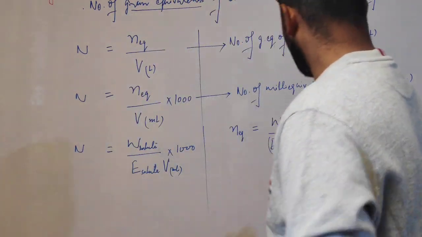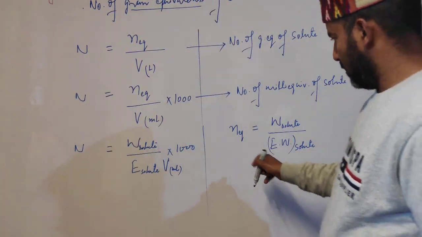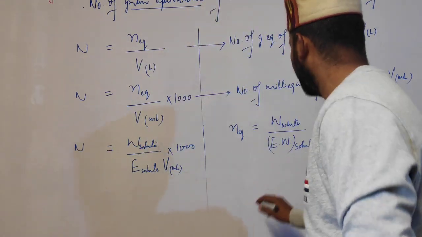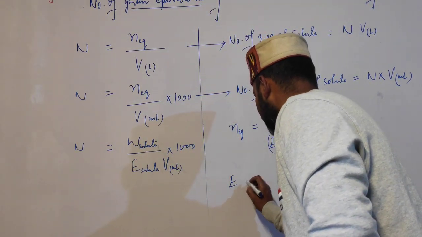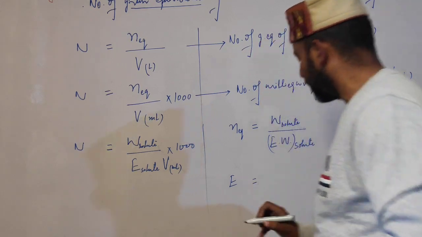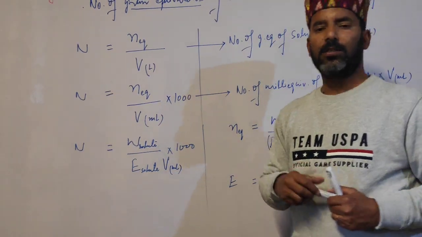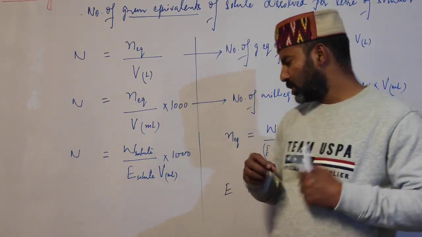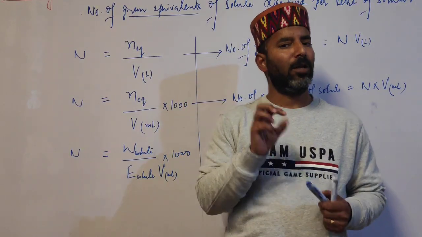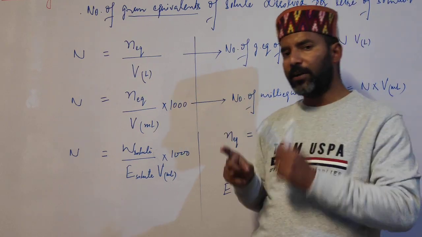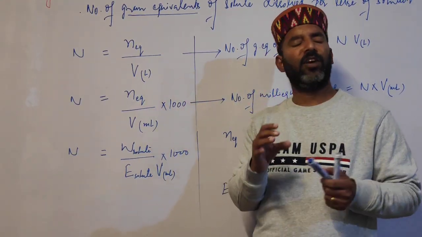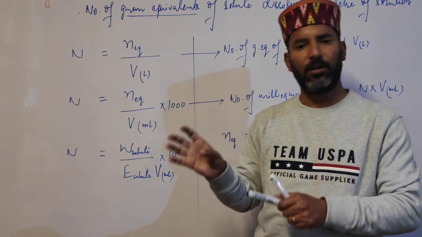Now students, the most important thing while calculating normality will be this part, that is equivalent weight. Students, what equivalent weight is, you have also studied in class 11. It is that weight of a substance which displaces or combines with 1.008 parts by weight of hydrogen, or 16 parts by weight of oxygen, or 35.5 parts by weight of chlorine.